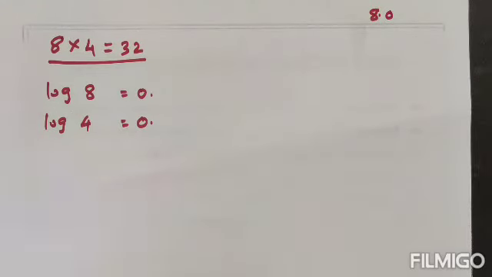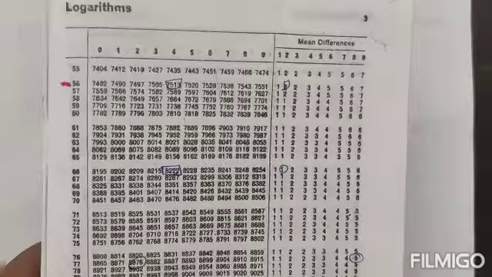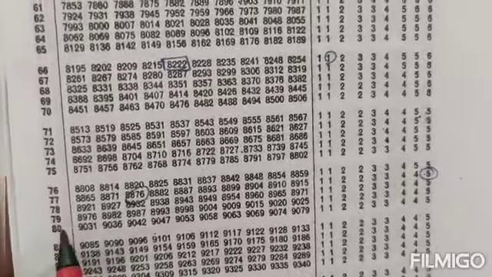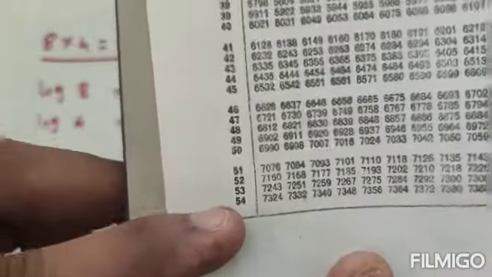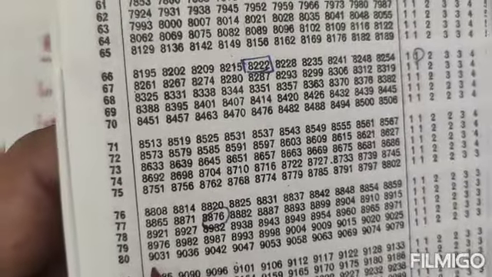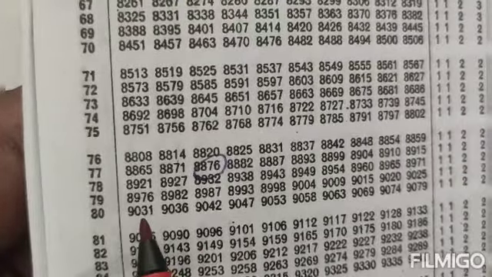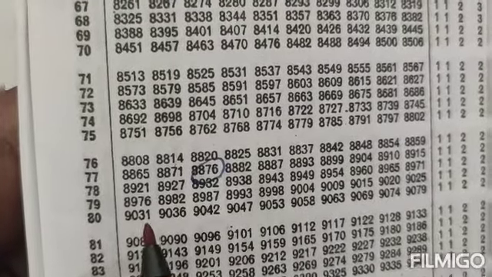Let's see the log book now. In the log book we want to observe 80. It starts from 10 and ends with 54, and the next page starts from 55 and ends with 99. So we look at 80 and 0, that value is 9031.